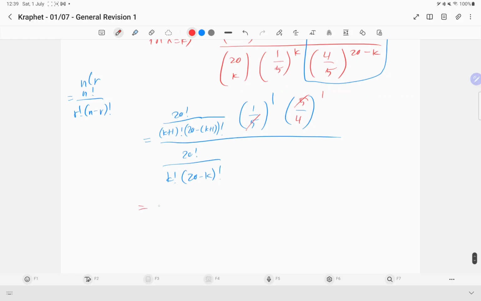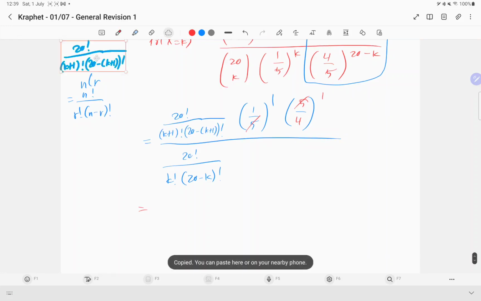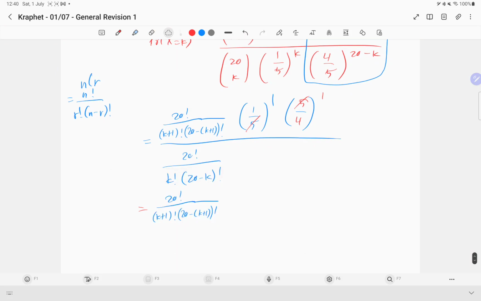And then we need to deal with this factorial. So let's rewrite the factorial. The top one, to save some time, I'm just gonna copy this. So that will be this top one. Now, instead of writing it as divide by the bottom, I will write it as multiply by the reciprocal of the bottom, over 20 factorial. Convenient. Cancel, cancel. A little bit tricky, but I think we can still do this one.